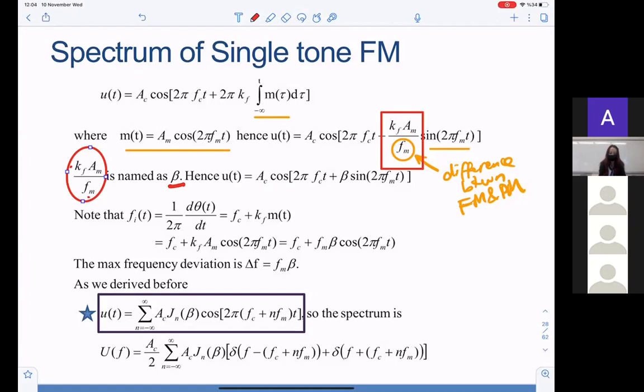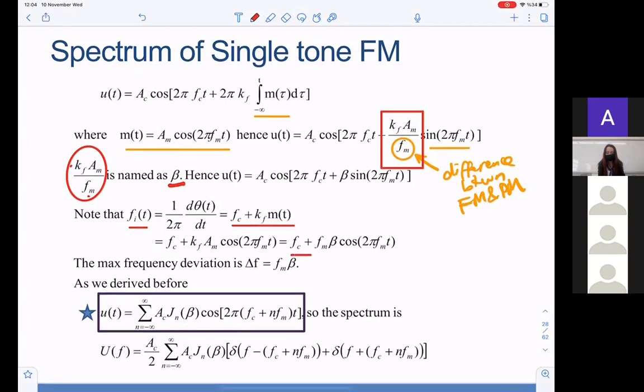Now the instantaneous frequency is the derivative of the phase, which is FC plus KF M of t, as we know from before. But now that we have defined beta, we can represent the instantaneous frequency in terms of beta.